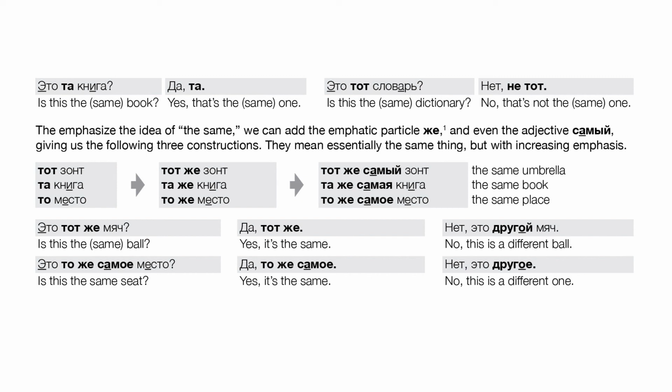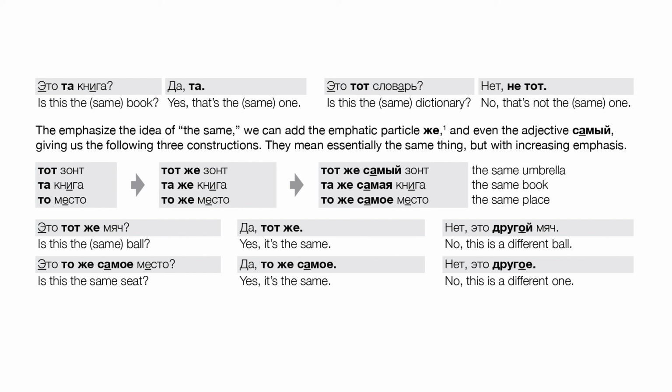So, for example, тот зонт, right, that umbrella, or the right umbrella, or the umbrella that we talked about, or whatever. We can say тот же зонт, and that adds emphasis. I think this is the first time we've seen this emphatic particle же. It's used all over the place in Russian, and it always lends emphasis to whatever word comes before it.